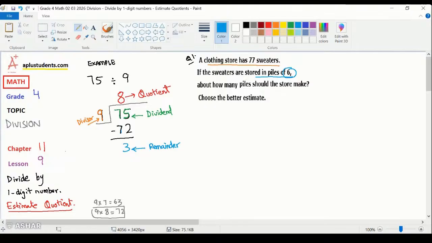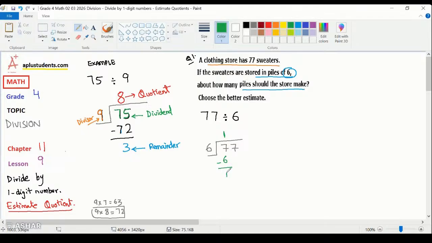So what we need to do is, 77 sweaters were arranged in piles of 6. We need to find complete piles. Okay, so let's divide. When 77, the dividend, is to be divided by the divisor, we can say 6 times 1 is 6.